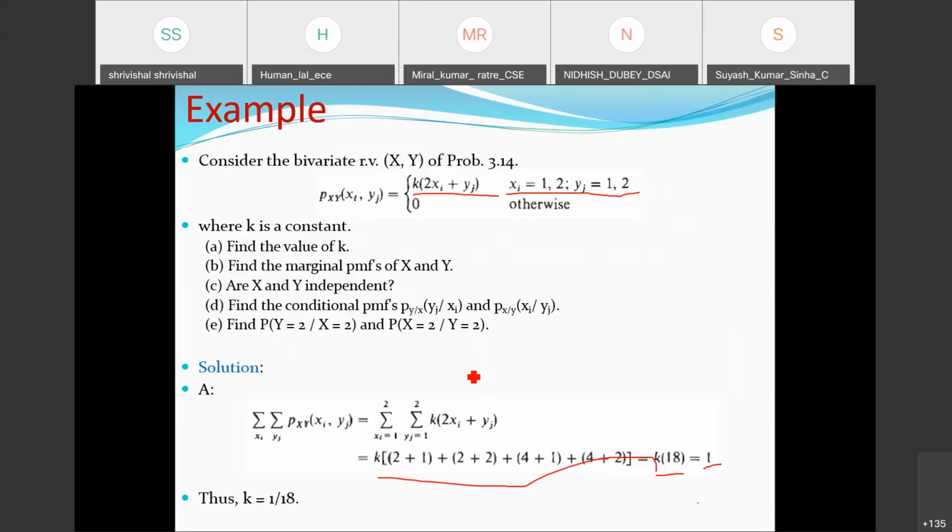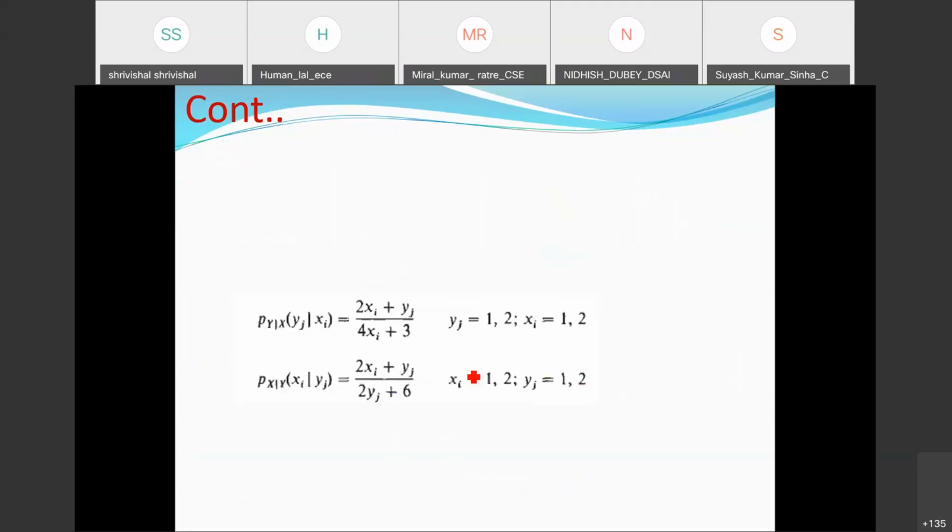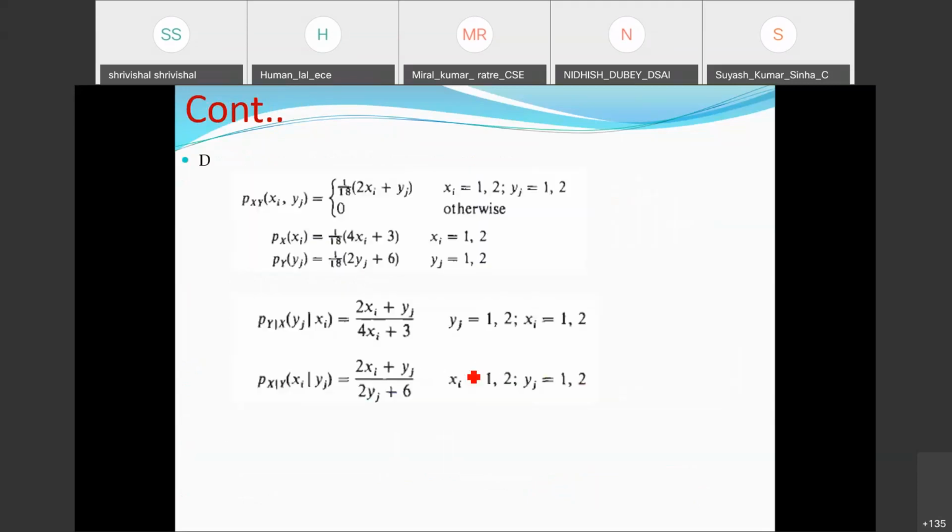Conditional probability mass functions here. So, okay, let's check what we all got. So (2x plus y) divided by (4x plus 3), correct. That is the conditional one.